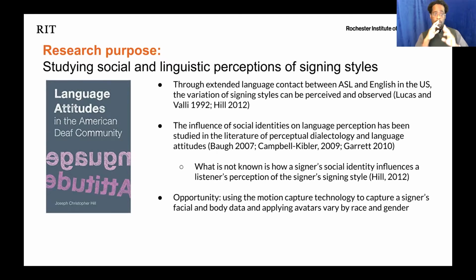So if you see someone signing and you start to respond, you may not be sure if it's because of the way the person looks or whatever may be the case. So in order to be able to separate the person's looks from how they're signing, we can use avatar technology to adjust and manipulate for gender and race.